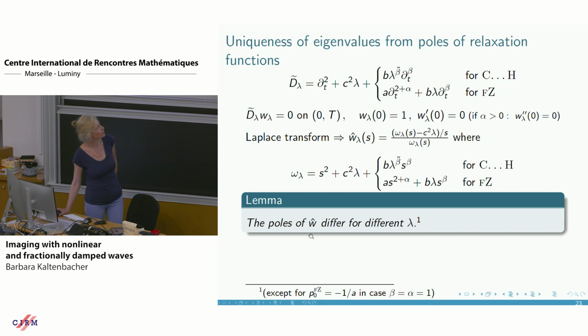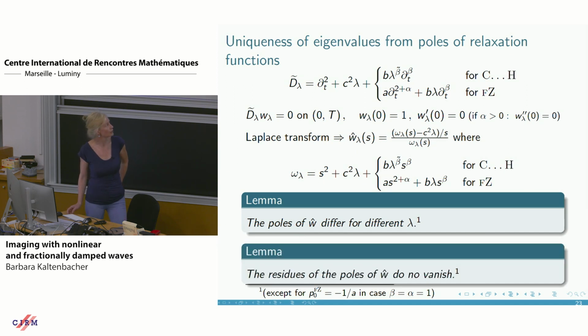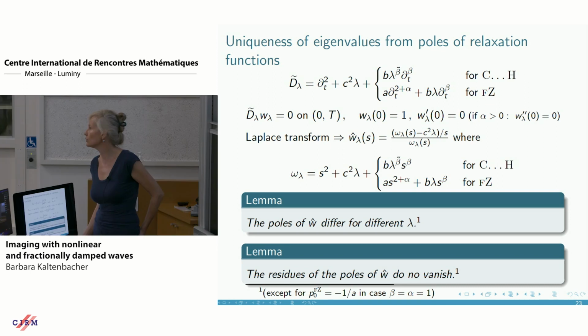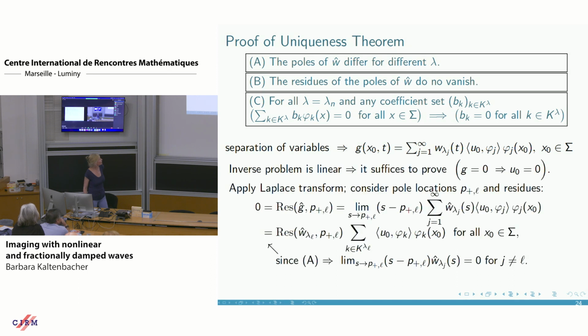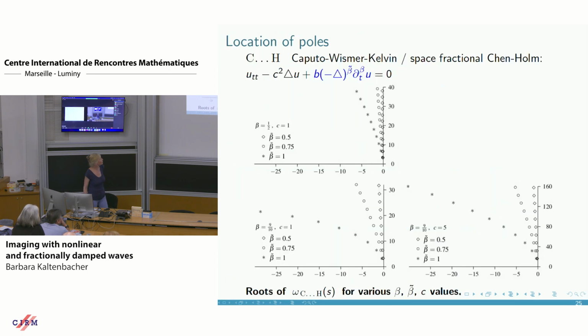And the poles of these relaxation functions are the important information, so they allow us to distinguish between different eigenvalues. And also the residues at these poles don't vanish, that's important. Okay, no more details about this proof.